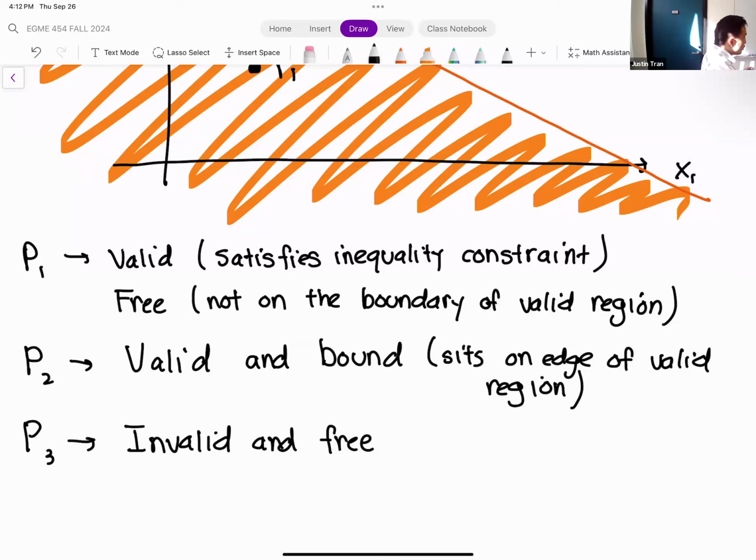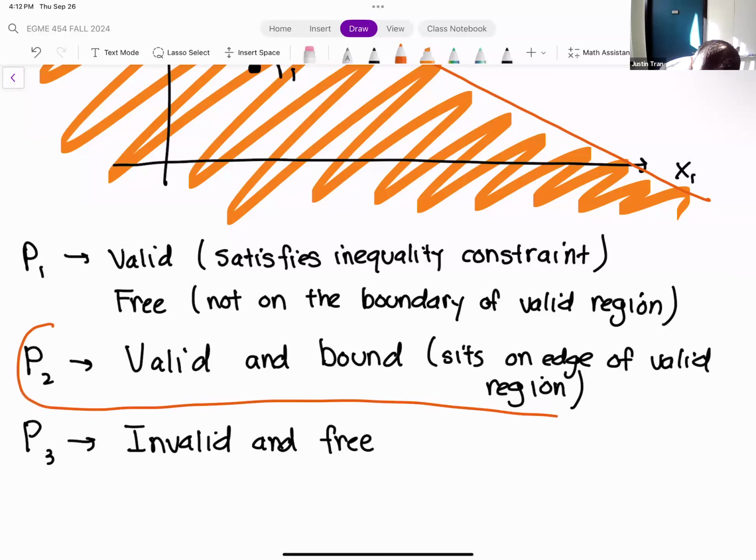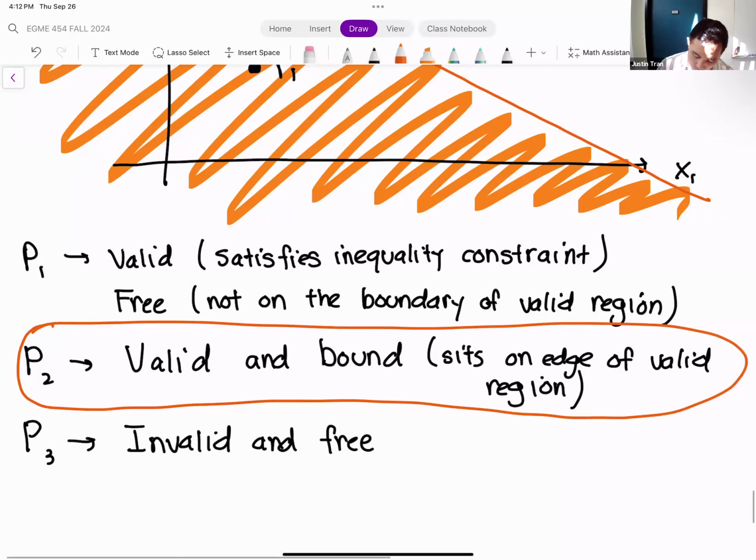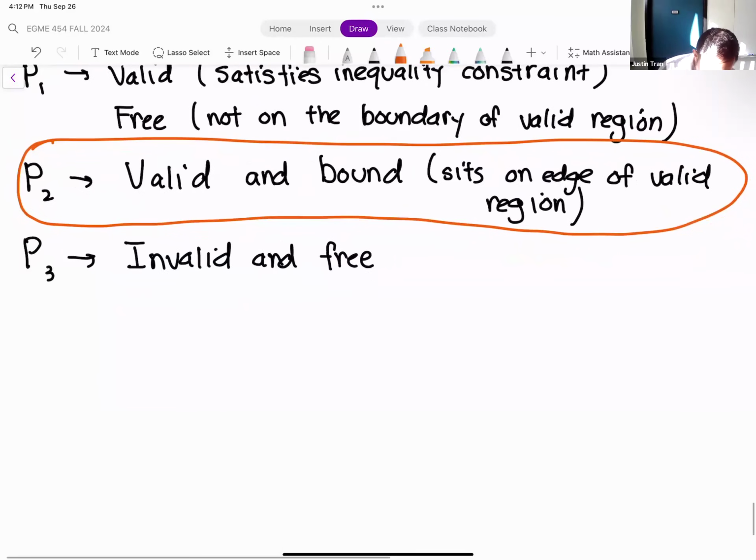Okay. Now, of course, the most interesting point here that I want to focus on is P2. We can see from this description that P2 is a valid point, and so it satisfies the equality constraint, the inequality constraint, excuse me.